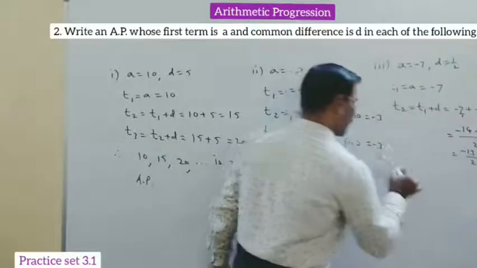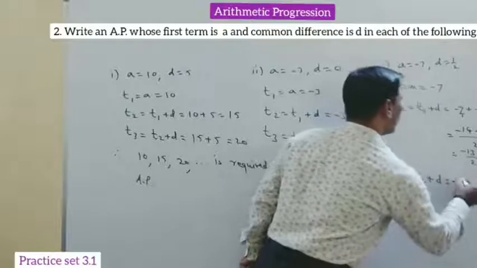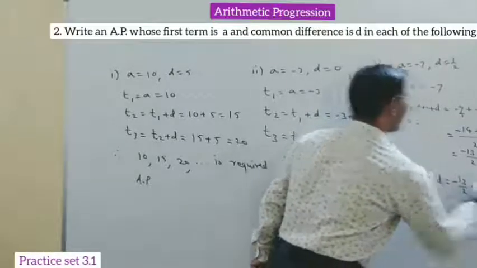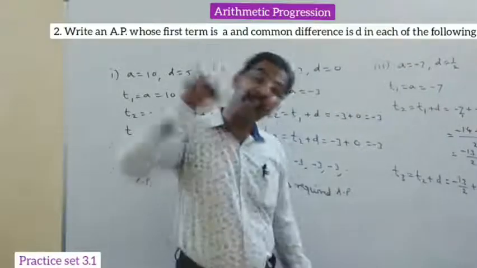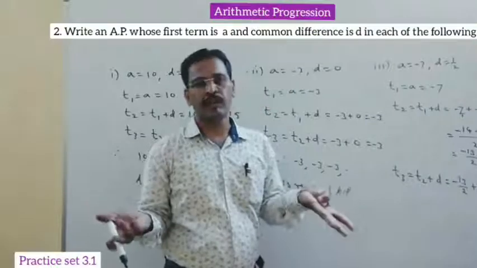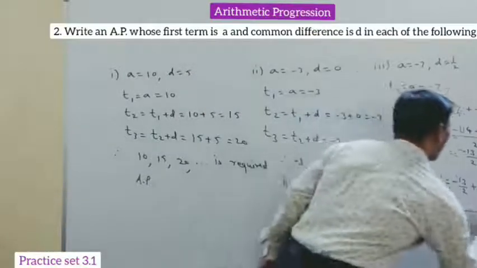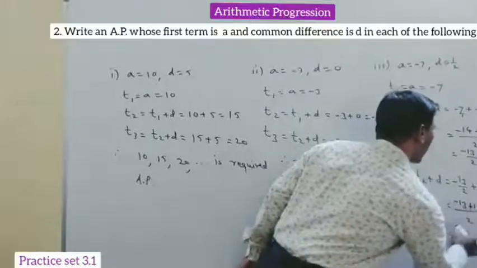Is it okay? Now one more. T3, that is T2 plus D. T2 is minus 13 by 2, and D is plus half. Always plus. Okay, there is a formula, plus D. But that D may be positive or negative, we have to add only. Minus 13 plus 1, so how much do we get here?